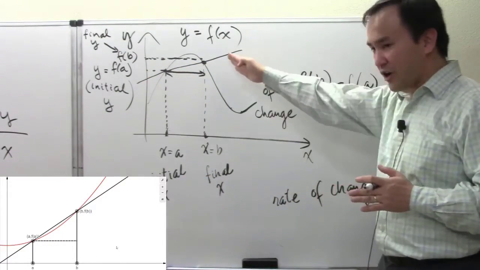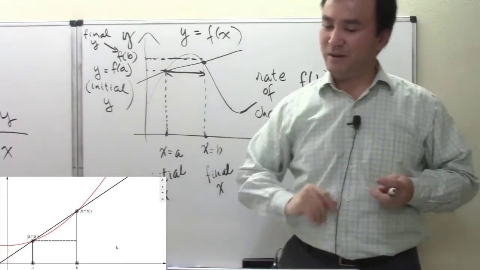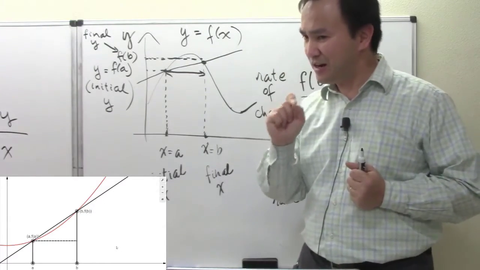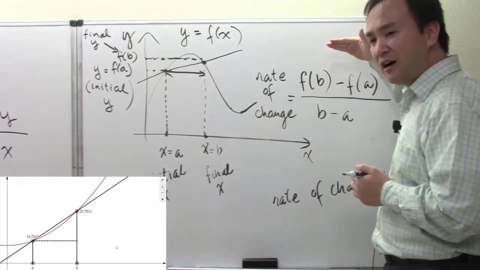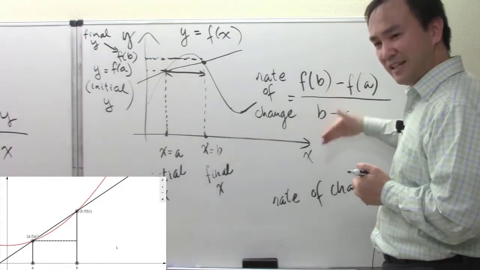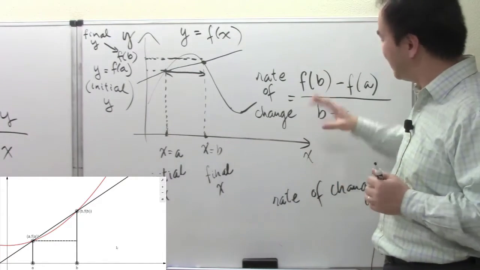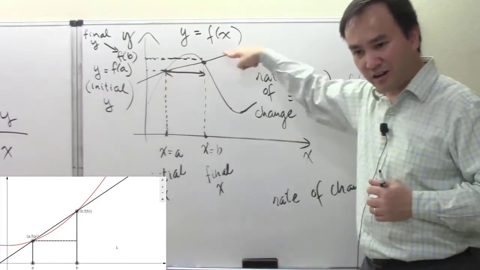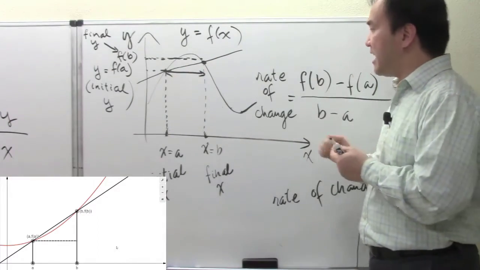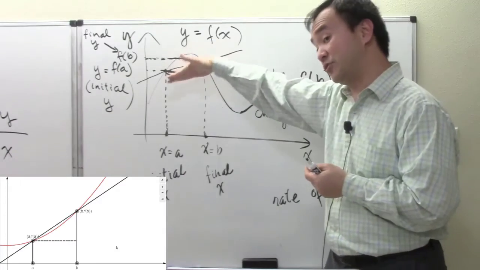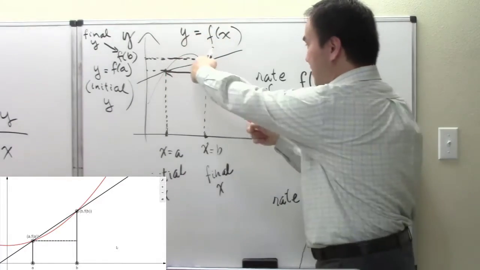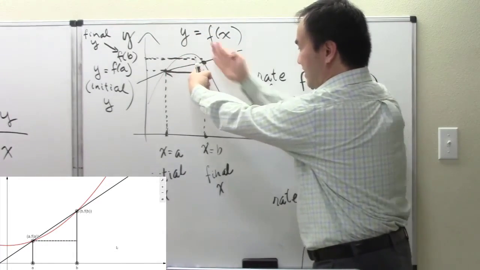Now with that straight line, isn't it obvious that this rate of change is the slope of that straight line? It's indicating how much rise. In this case, it's rising. In another problem, maybe if the initial point is here and the final point is here, then it's a fall.